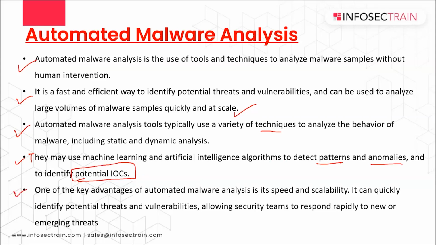One of the key advantages of this is speed and scalability. You can quickly identify potential threats and vulnerabilities, allowing security teams to respond rapidly to new or emerging threats. So these are the different ways of malware analysis.